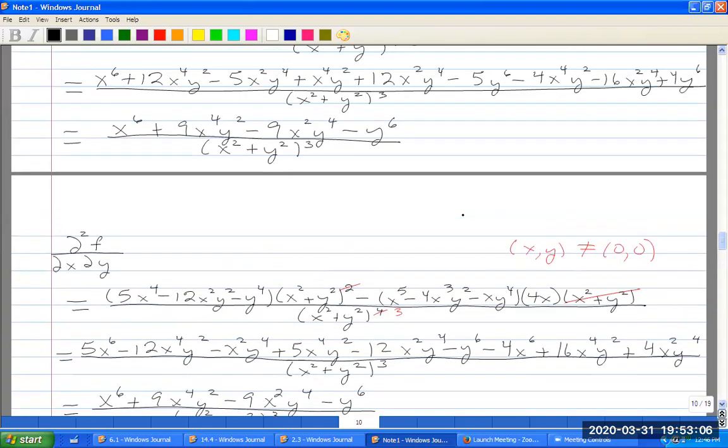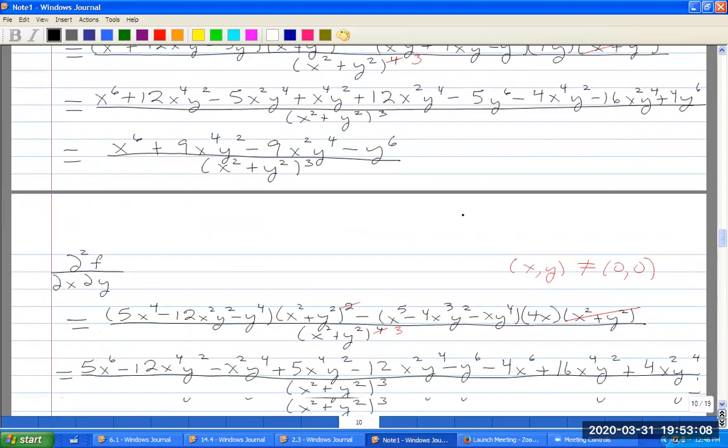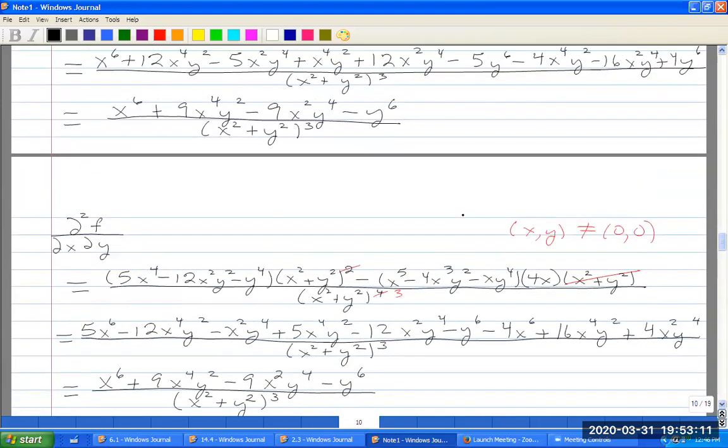Are the mixed partials the same? The mixed partials are the same. Yeah, those are the same.